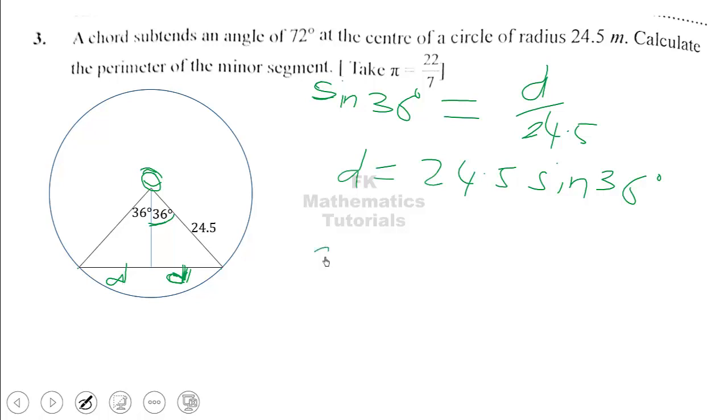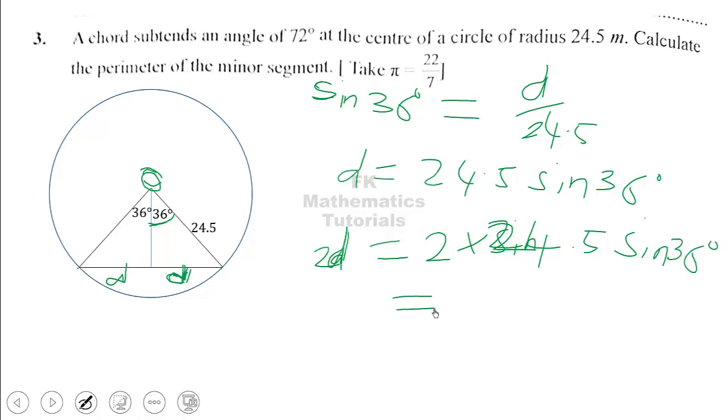So 2D will be equal to 2 times this, that's 24.5 sine 36.